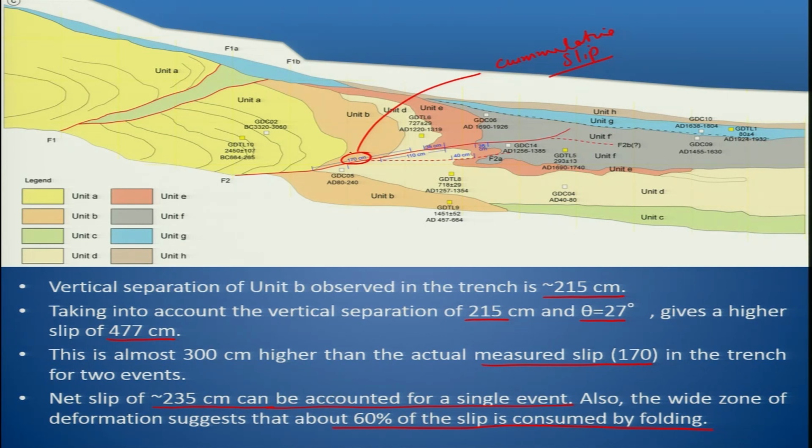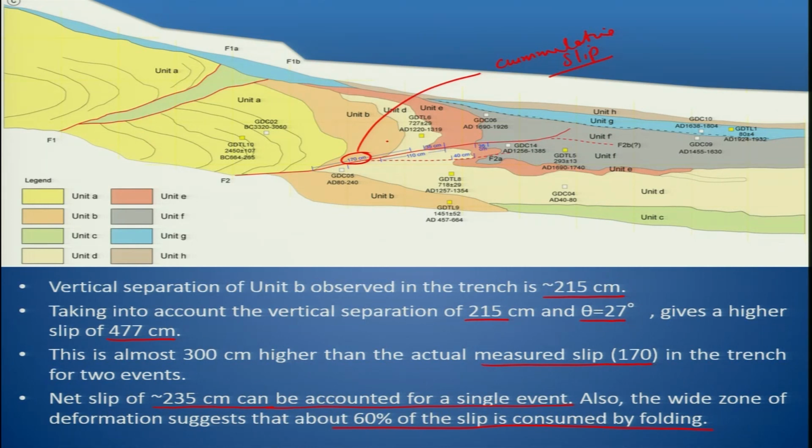If you take the cumulative slip, it is 170, whereas using the vertical separation we should have seen a slip of 477. So almost 60% of the slip has been consumed by folding.